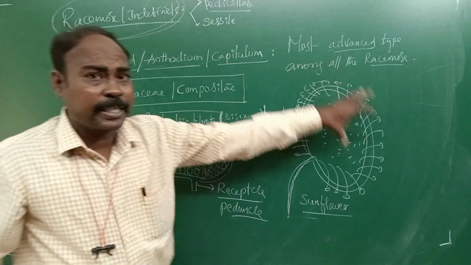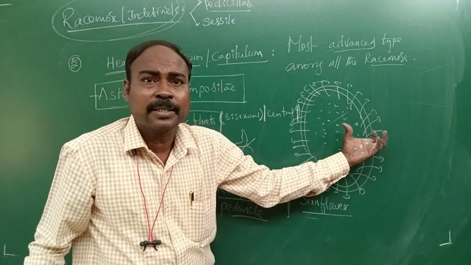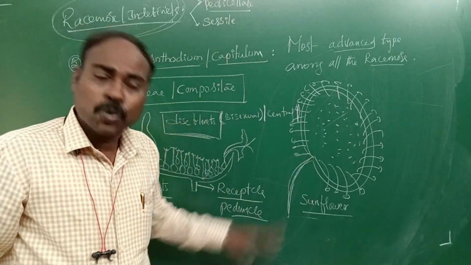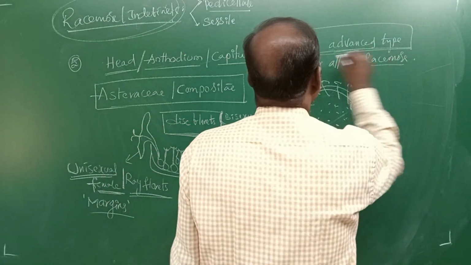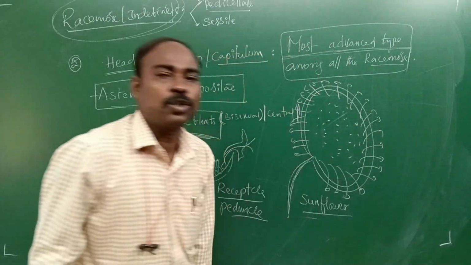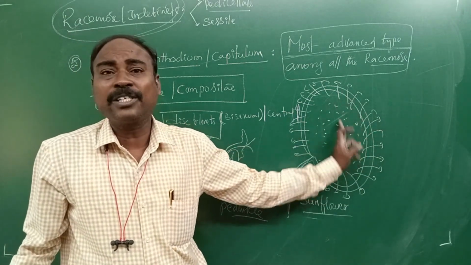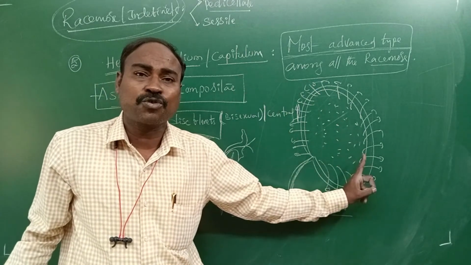In this inflorescence, all the flowers, female flowers and bisexual flowers, are pollinated and fertilized at once. So this is called the most advanced type of racemose inflorescence. All the florets participate in pollination and fertilization at a time. That means all flowers get pollinated and fertilized only once.